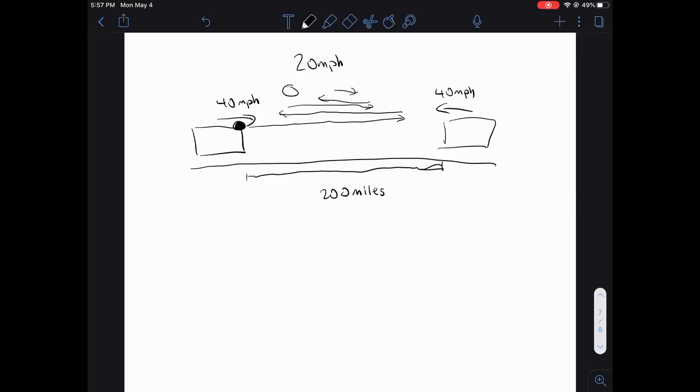Wait, Justin, what was your answer? 100 miles? Oh, I didn't even ask the question. How far does the bird travel? Let me compute the answer real quick. I don't remember it.